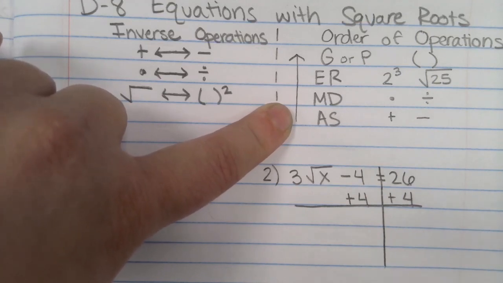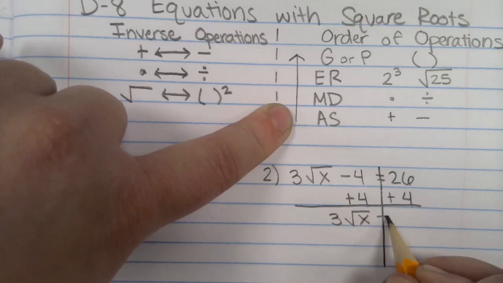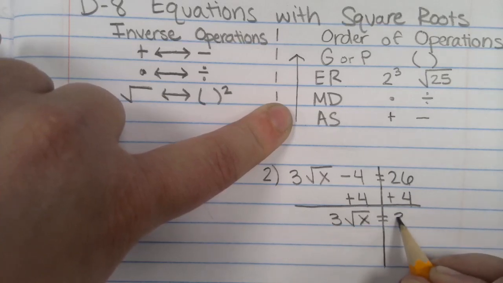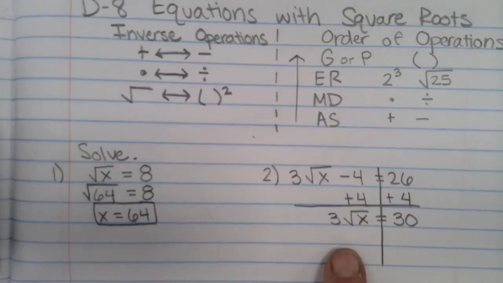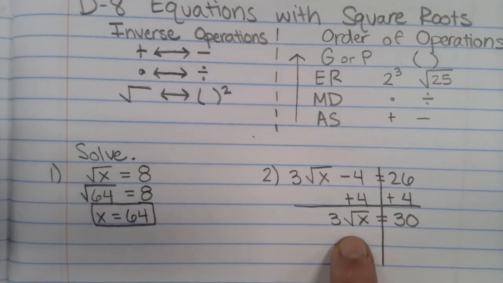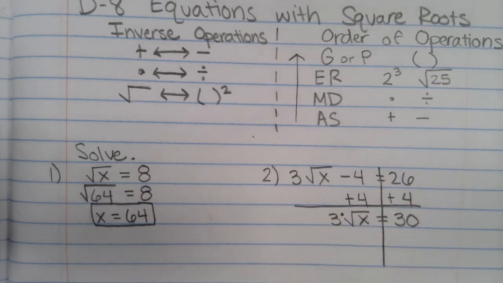So we still have 3 square root of x equals 26 plus 4, 30. Now, what does it mean when I have a number touching a symbol or touching a letter? Multiply. Good. So if you need to throw in a times sign there to remind yourself it's multiply, do that.